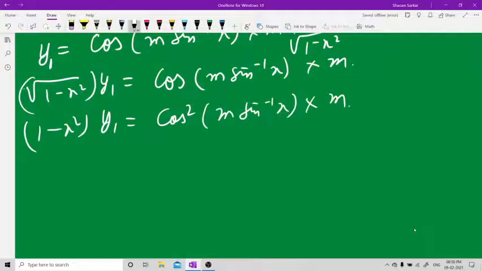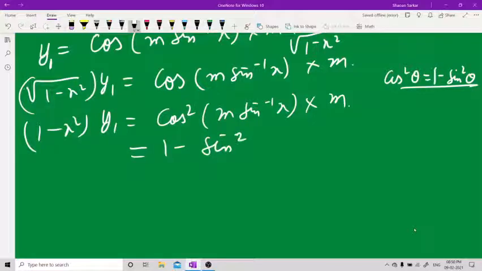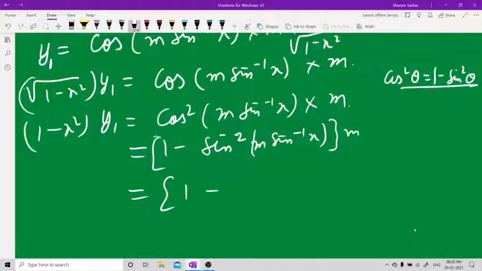Now you see one thing: you know that cos square theta is 1 minus sin square theta. So write this as 1 minus sin square (m sin inverse x) into m square. Now this can be written as 1 minus (sin(m sin inverse x)) whole square, into m square.